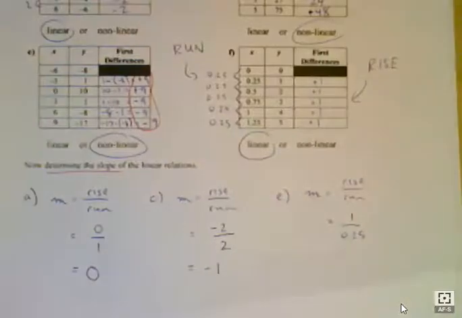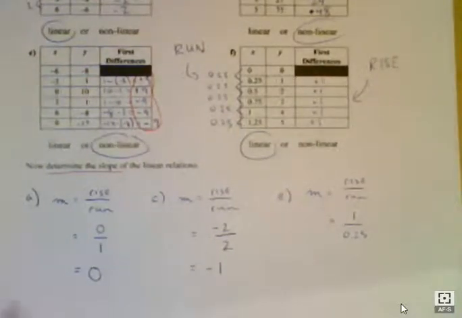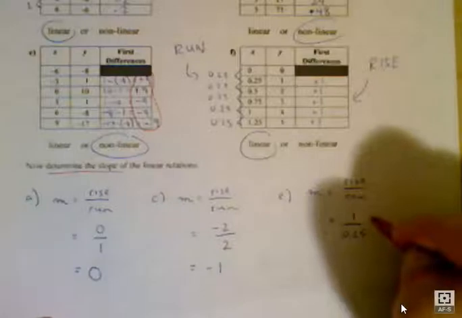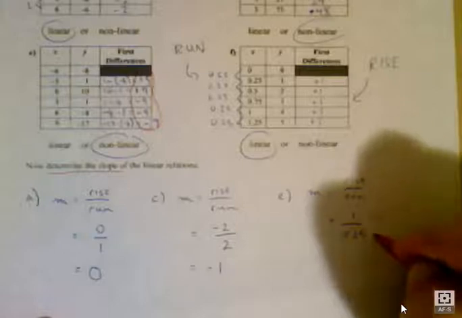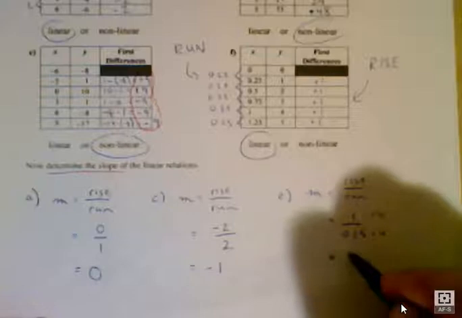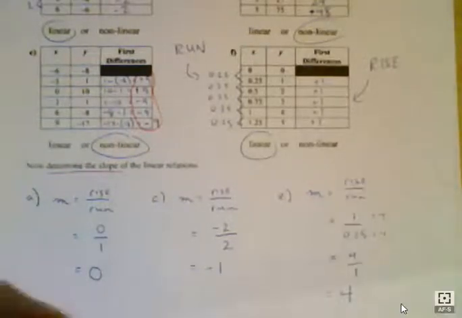Now I'm going to show you guys a couple ways that we can write this in more familiar terms. One, you could recognize that 0.25, if I multiply that by 4, it's going to be a whole number. So if I multiply the top and bottom by 4, I get an equivalent fraction, 4 over 1, or just 4. The slope of that line is actually 4.